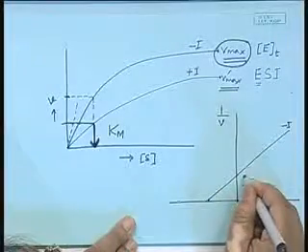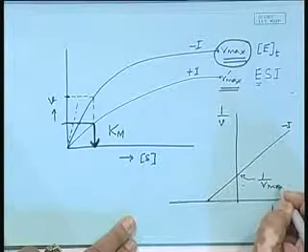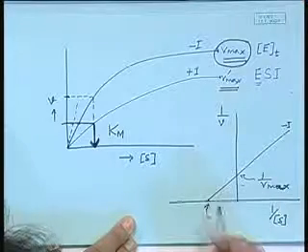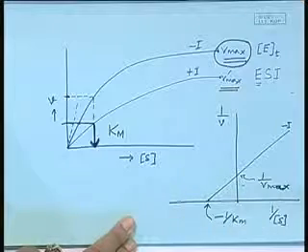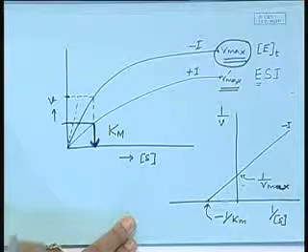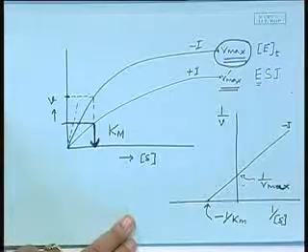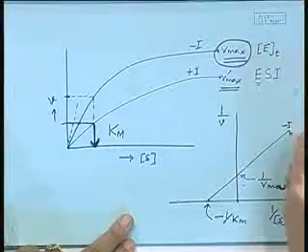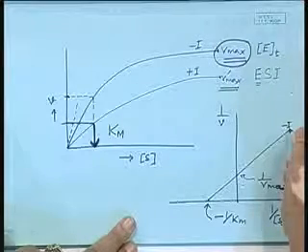What is again my intercept here? 1 by Vmax. What is my intercept here? Minus 1 by Km. My initial velocity is going to increase always. Why? Because I have an inhibitor now. So my line is always going to be above the uninhibited enzyme, right?